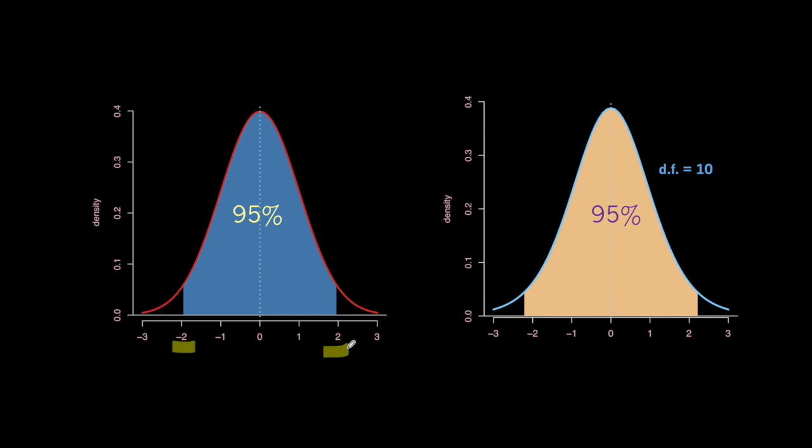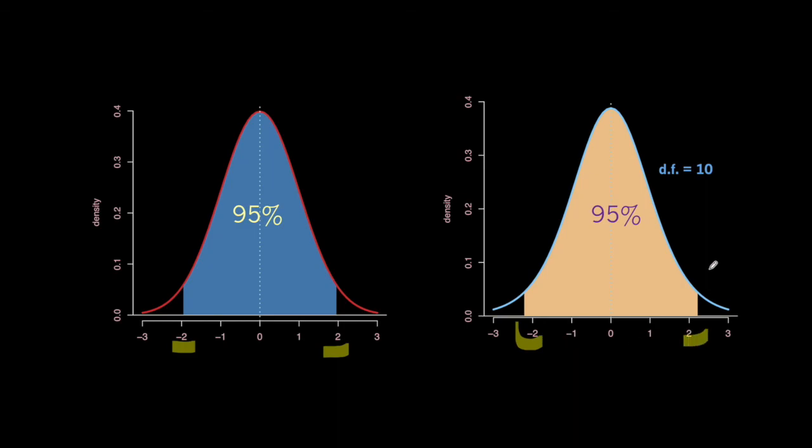Okay, that ensures that we cover 95% of the mass. Because the T distribution has more mass outside and less mass in the middle, in order to cover 95% of the mass, we need to go a bit further. Okay, look at this, it is going beyond 2.